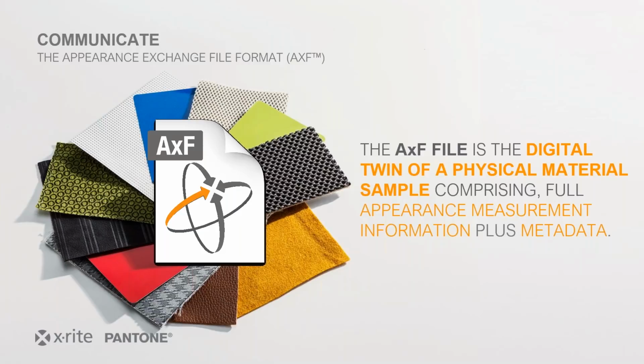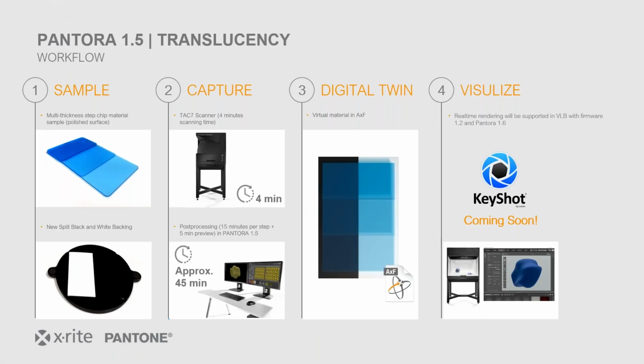It's essentially a binary version of an XML file based on HDF5, and this is very transportable and can be used in a number of different ways, as well as integrating with your PLM system, for example.